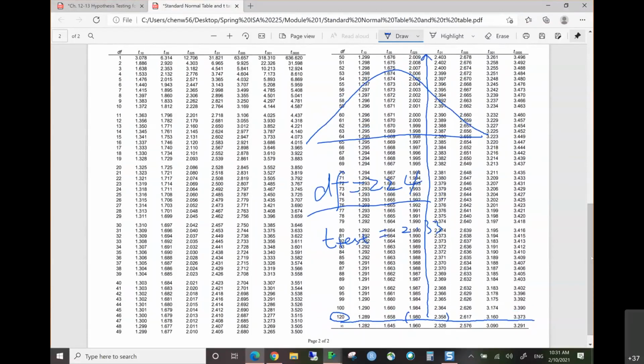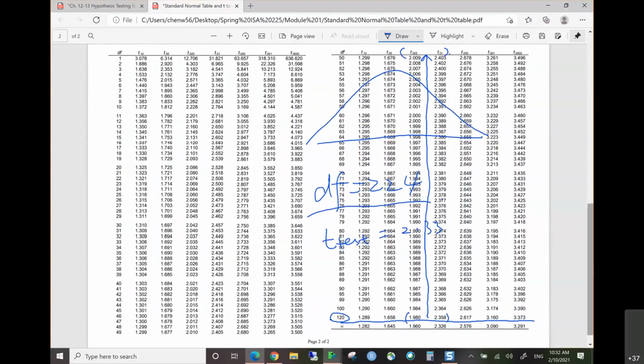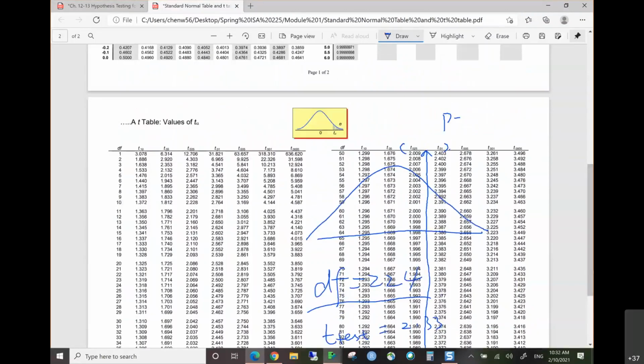That means your p-value will be between 0.025 and 0.01. So that means your p-value is larger than 0.01, less than 0.025. Got it? Any questions?